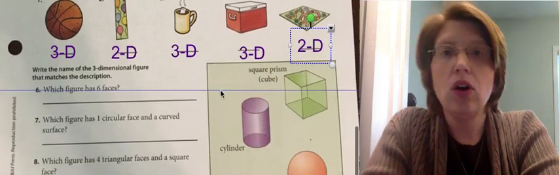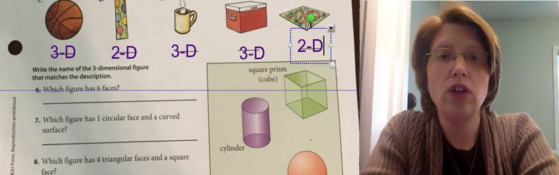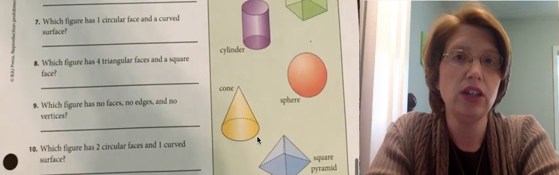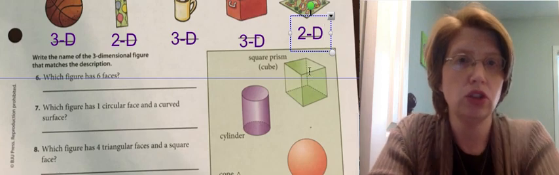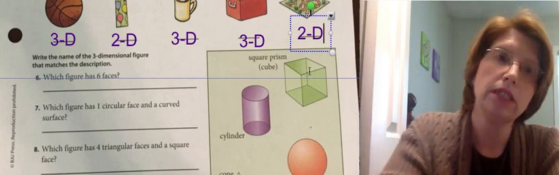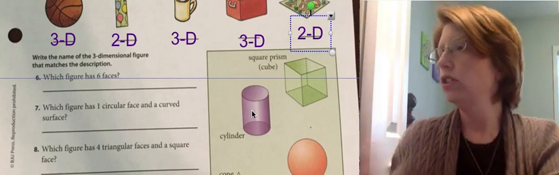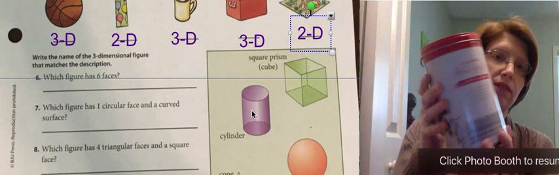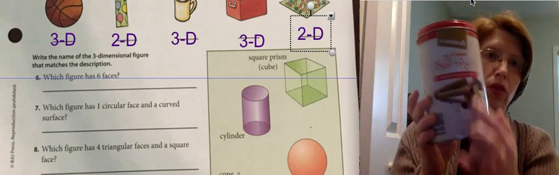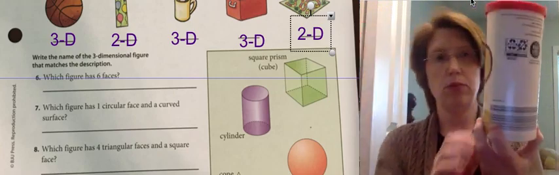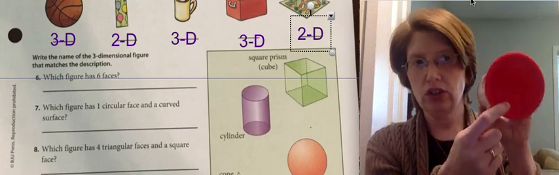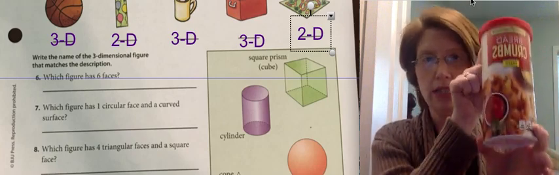Now we want to make sure that we understand all the different kinds of three-dimensional figures. So we have here a cube, which is a square prism. So it's a square with some height. We have cylinders. Here are my examples that I could find of a cylinder. This is some of those thin wafer cookies, and they come in a cylinder like this. And then I found another one that had breadcrumbs in it. This is a cylinder. See, it starts as a circle, but it has some height to it.